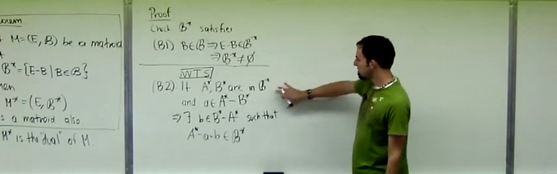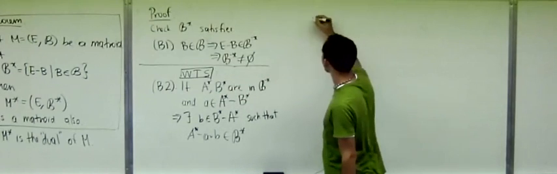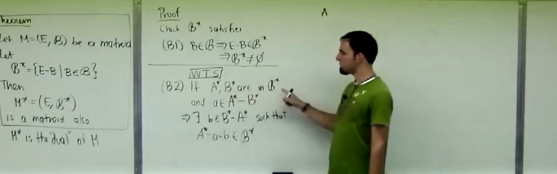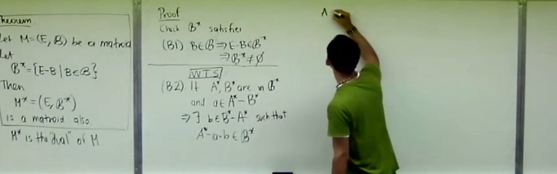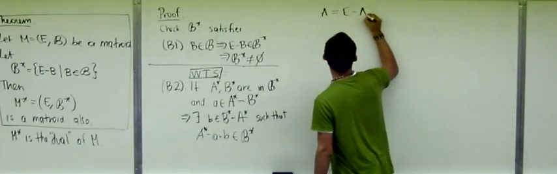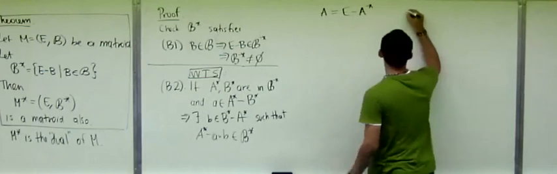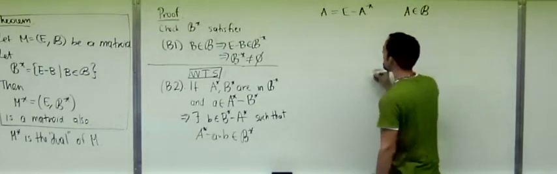Okay, so what does this mean? Let's unravel it. Well, A star is in B star, so it's the complement of a basis in B. So let's call that basis A. A and A star are complements, so A is in B. Okay.